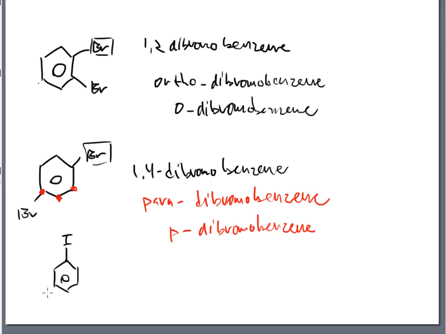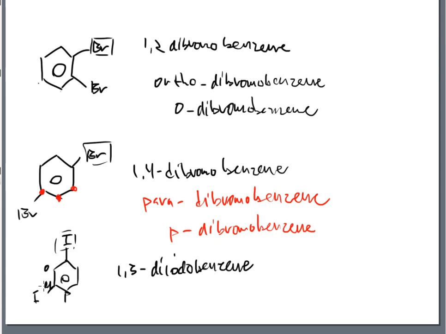Benzene. Let's do an I here and an I here. What about this one? How would you name it? Okay, well, identify one of them. Doesn't really matter. I'm just going to start up here at the top. They're both the same, so who cares? And this is spot number 1, number 2, and number 3. So this is a 1,3-diiodobenzene. If I don't want to use this 1,3 terminology, O-M-P, Becky.